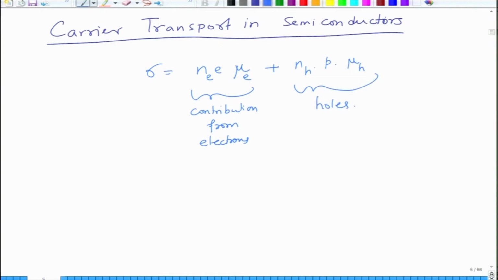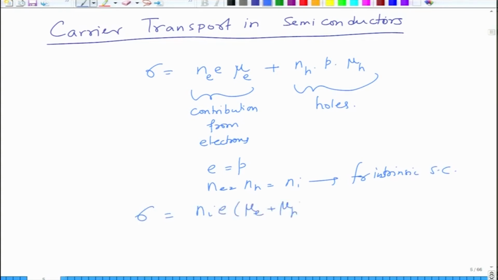Now if you say that e is equal to p, and for intrinsic semiconductor, Ne is equal to Nh is equal to Ni, then you can write sigma to be equal to Ni e (mu e plus mu h). Okay. So depending upon the relative magnitude of mu e and mu h, one of them will dominate.